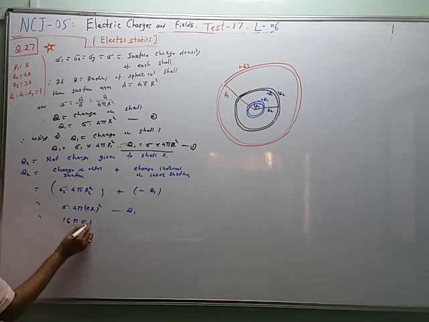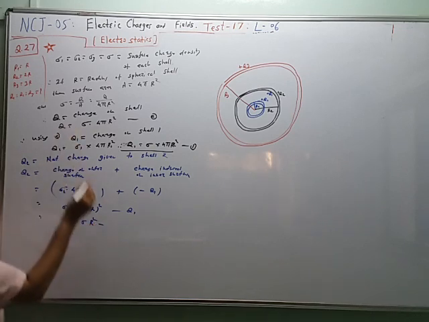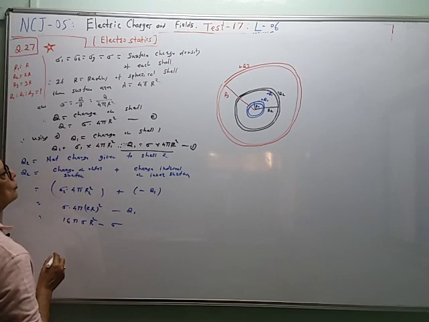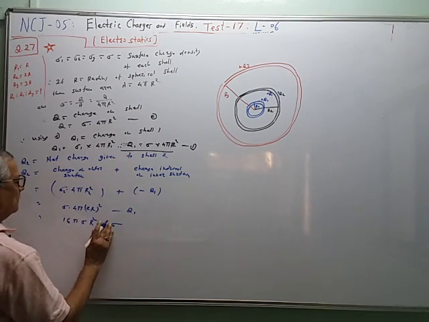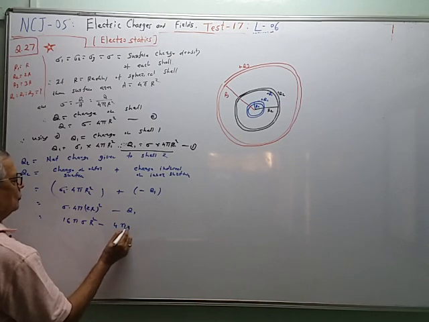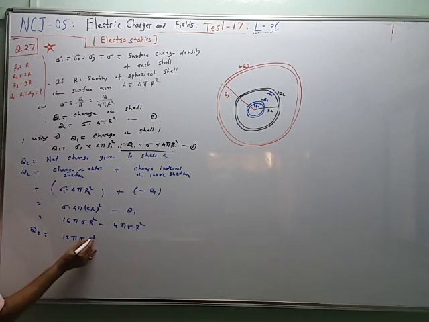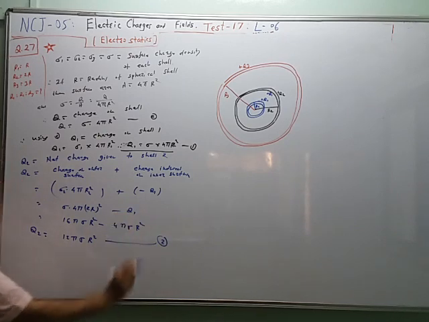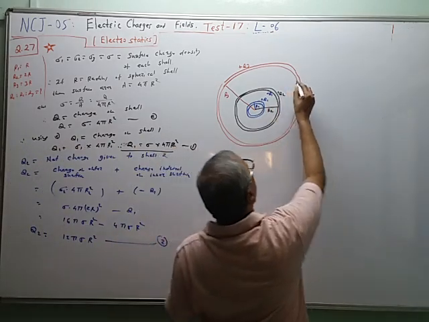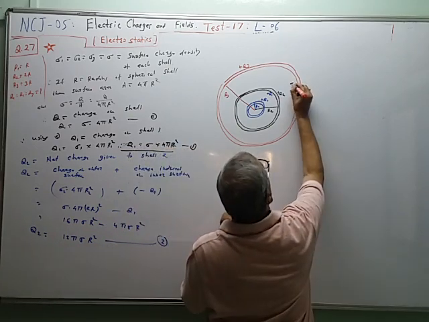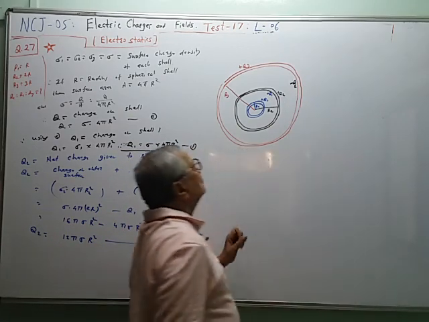So 16 pi sigma R square minus Q1, which is 4 pi sigma R square. So the net charge Q2 is equal to 12 pi sigma R square. This is equation 2. Now we have to do the same for the third sphere. After Q2 is given here, minus Q2 charge is induced on the inner surface.